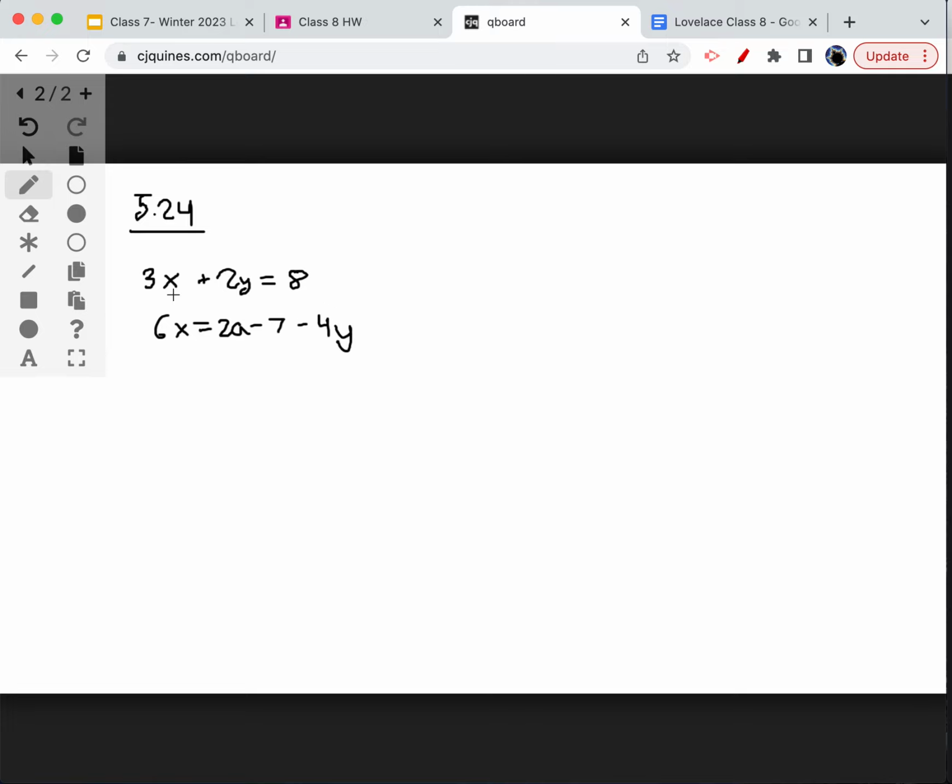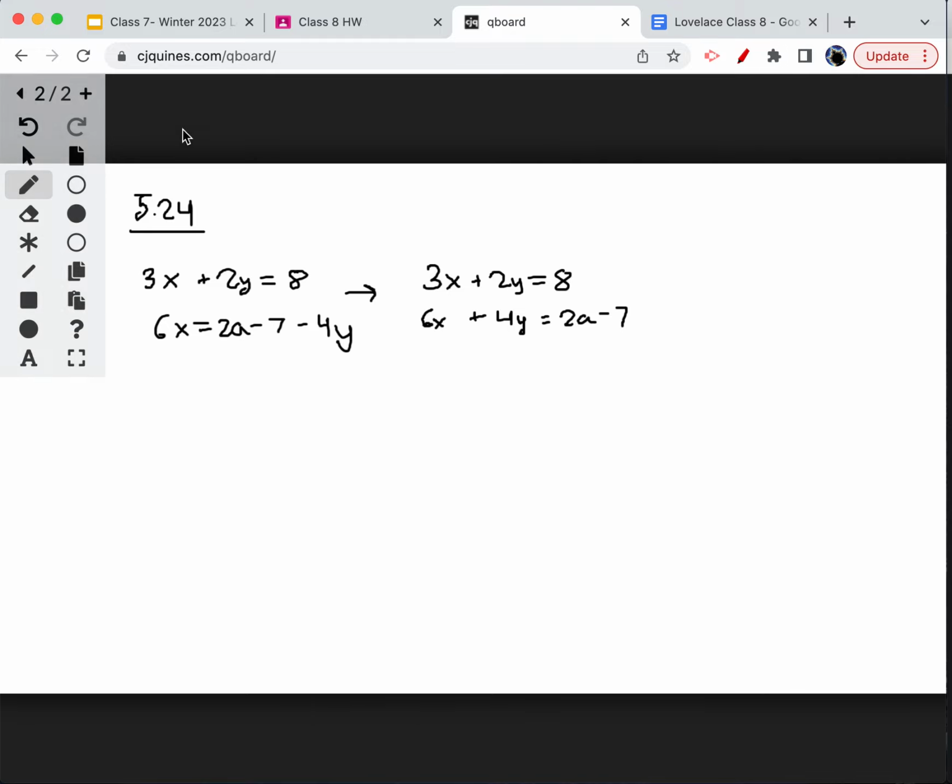And we want this system of equations to have infinitely many solutions. So let's just move everything to the left-hand side in the second equation. So then we get 6x plus 4y equals to 2a minus 7.